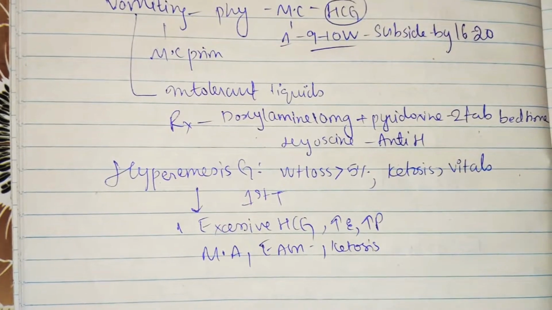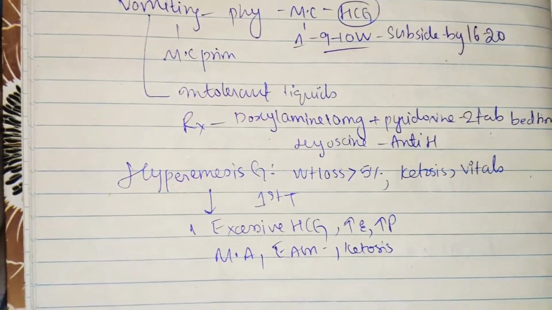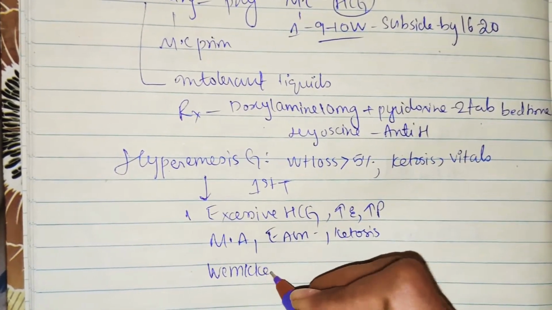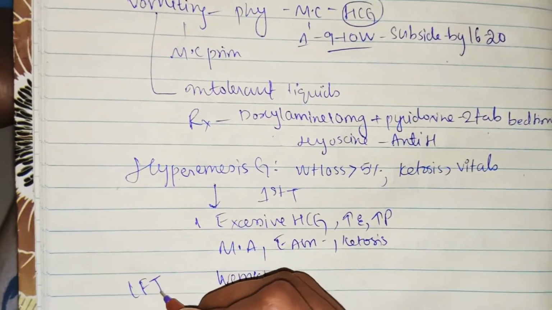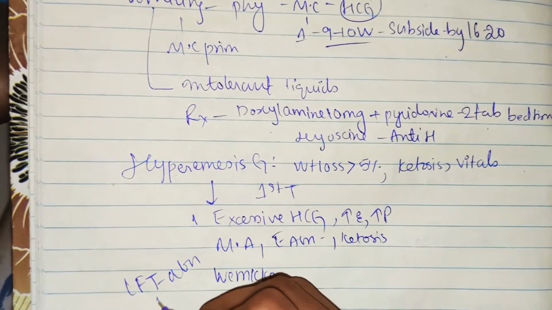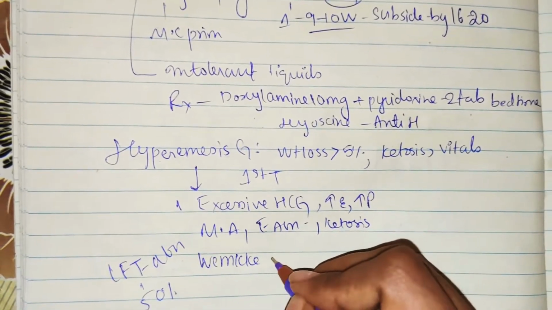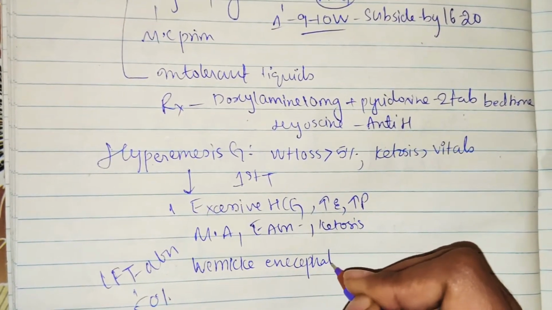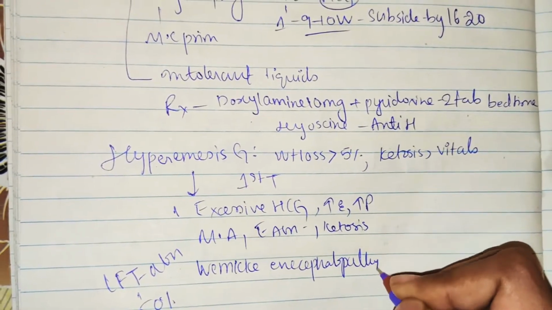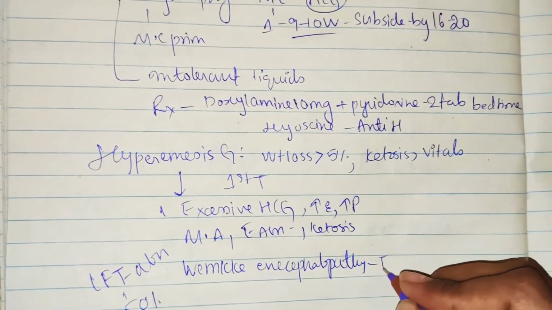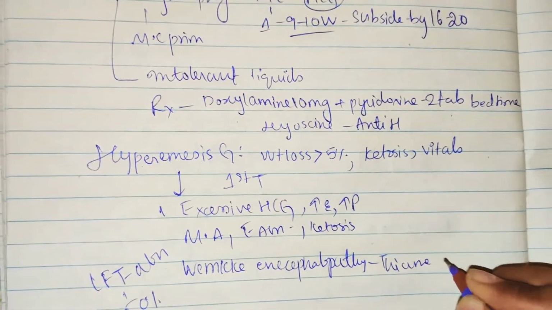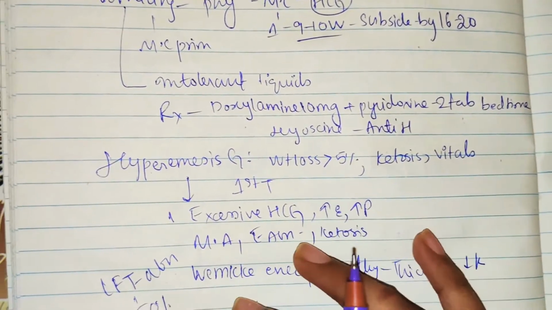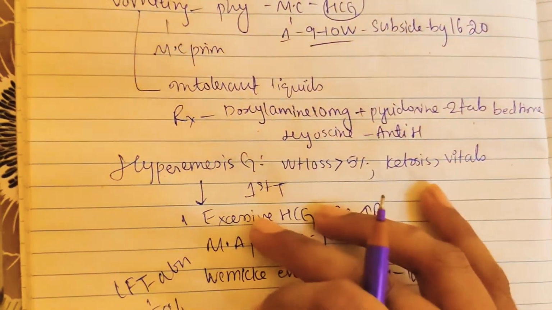LFT can also be abnormal in 50% of cases, and this can lead to Wernicke encephalopathy. Wernicke encephalopathy is mainly because of thiamine deficiency and also vitamin K deficiency, and sometimes there may also be H. pylori infection in this case.